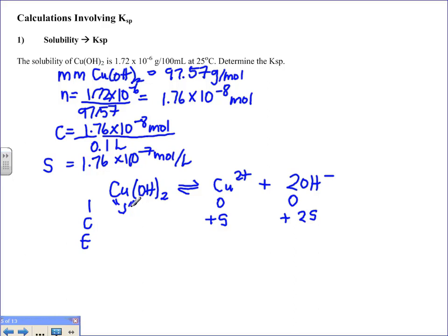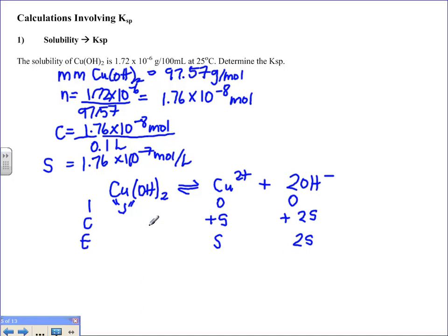But what we're doing here is thinking about this substance breaking up into its ions. And for every one of these, we put into the equilibrium 1 copper ion and 2 hydroxide ions. Okay, so we're applying the ratio here. So at equilibrium, this is S and this is 2S.